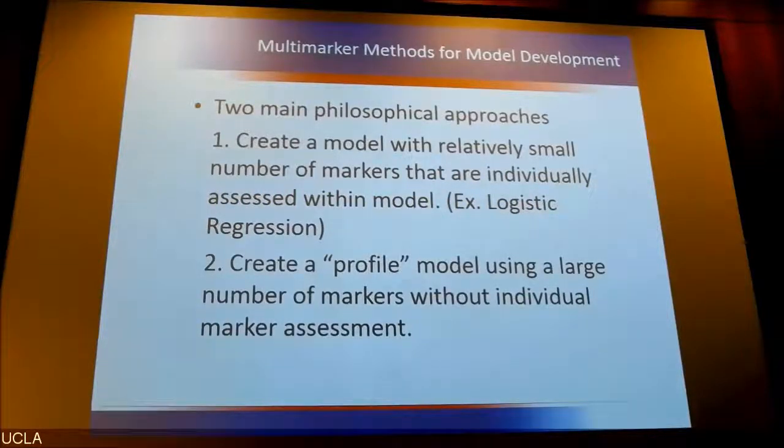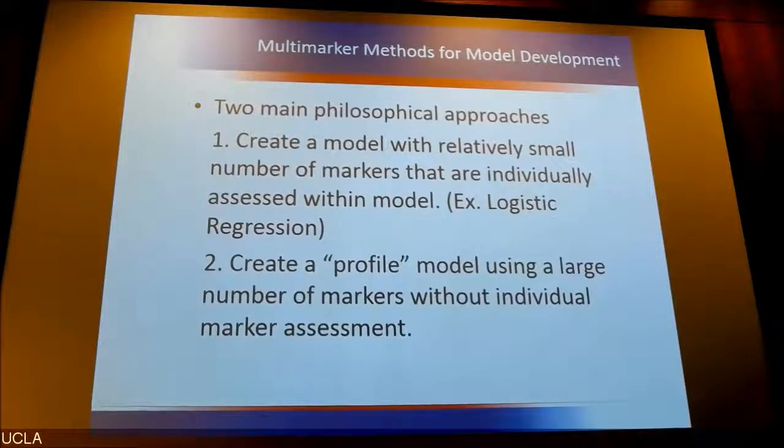Okay. So next, let's talk about some of the statistical approaches to building a biomarker model or a predictive model of any sort. And I like to classify them into two bins that are really based on the philosophy of what we're really trying to achieve with the models.